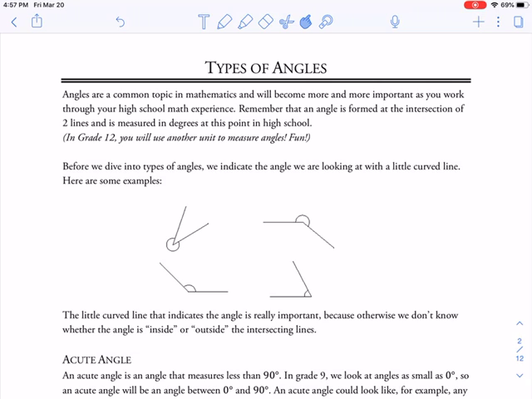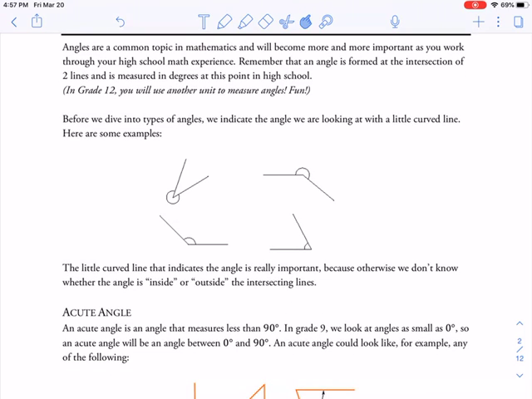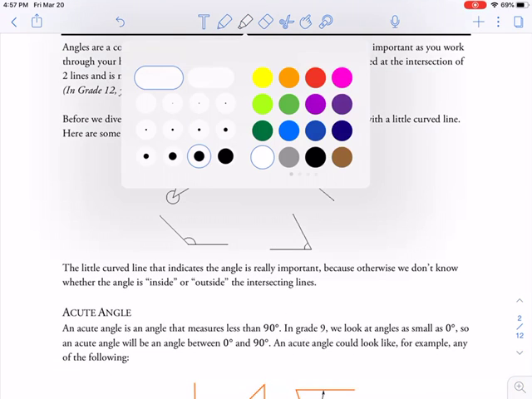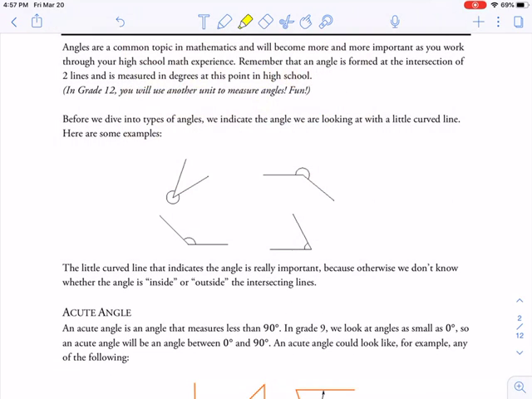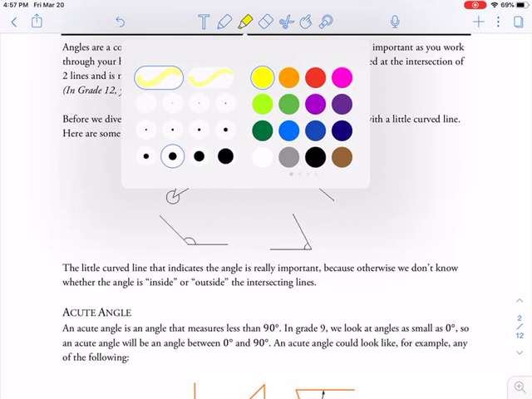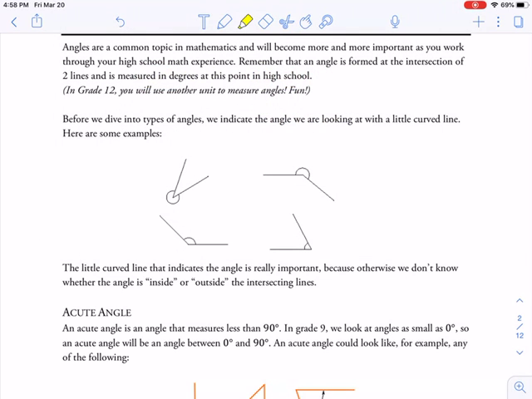All right, so we are going to start here. We're just going to remind ourselves that when we look at angles, we're looking for that little marking, that curved line that I'm trying to highlight on each angle, and that tells us which side of the angle we're looking at, right?